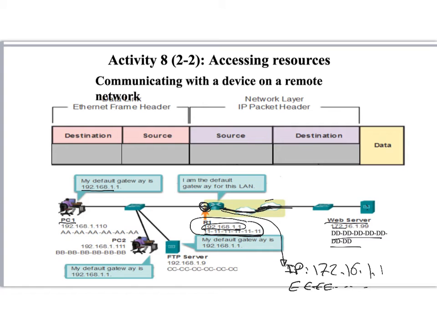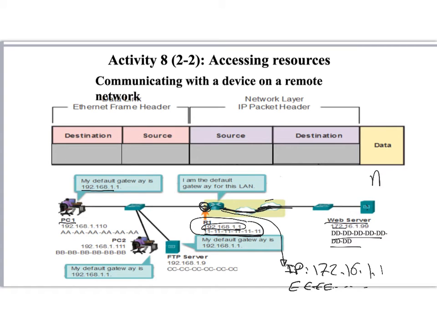Okay? So the second question changes slightly. I will not ask for the physical address that corresponds to the FTP server's IP address because I don't need to communicate with the FTP server. It's not the physical address of the web server because the web server does not exist on the same LAN. Hence, I don't need to know the physical address of the web server. Okay? But since it exists on a different LAN, then I need to know the physical address of the default gateway.